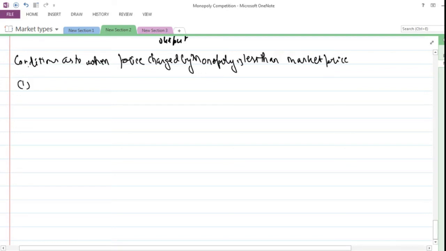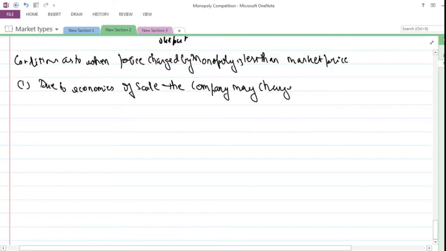The first condition being that due to economies of scale, the company may charge low.